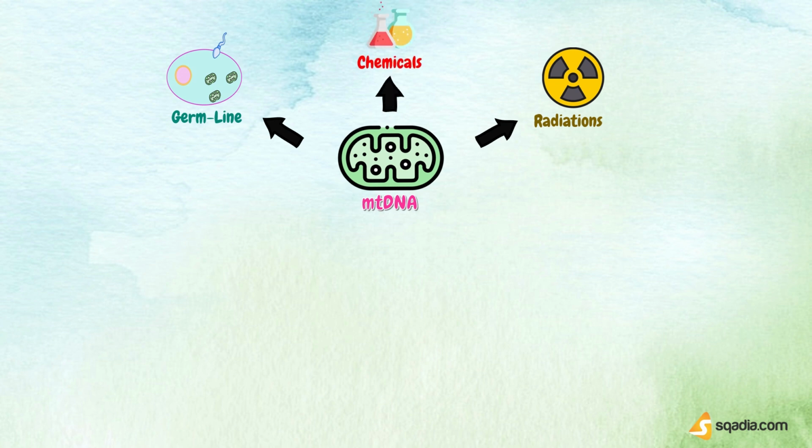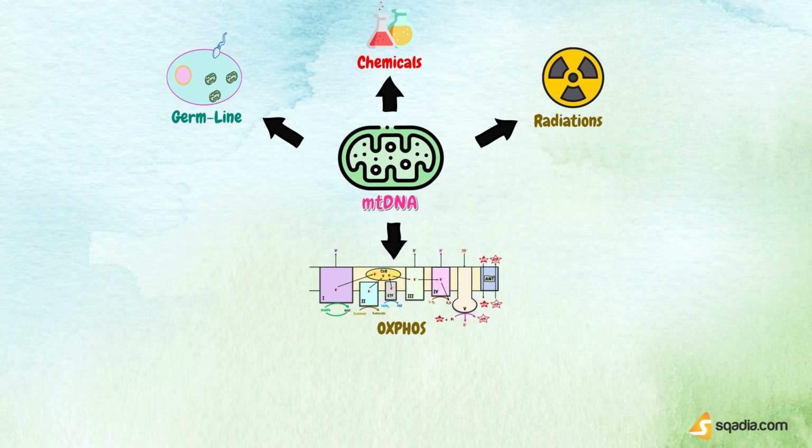In fact, in humans the rate of somatic mutations is much higher in mitochondrial DNA than in nuclear DNA. One reason is that the mitochondrial oxidative phosphorylation system generates high levels of DNA-damaging free radicals within the organelle.